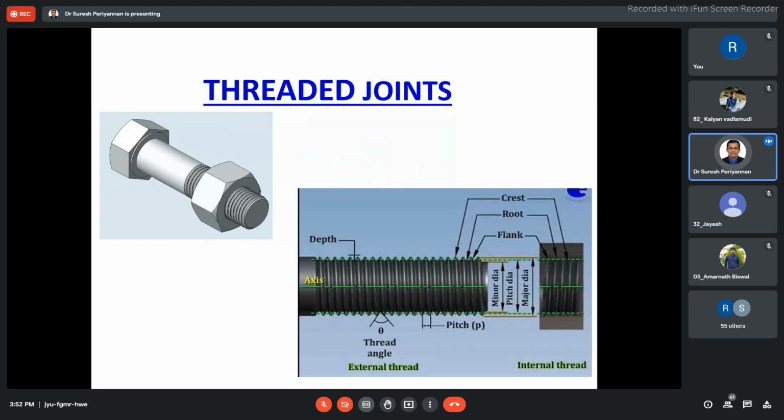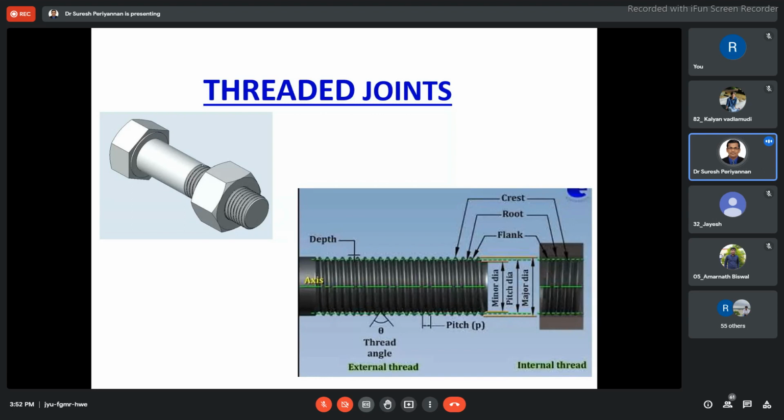Now we are going to deal with this topic: types of nuts and bolts, and what forces are acting on the nuts and bolts. First, a nut and bolt is a temporary joint, used for connecting or joining two components.